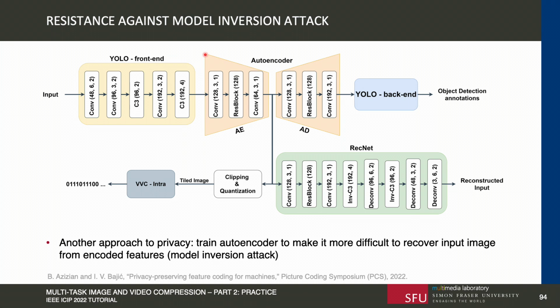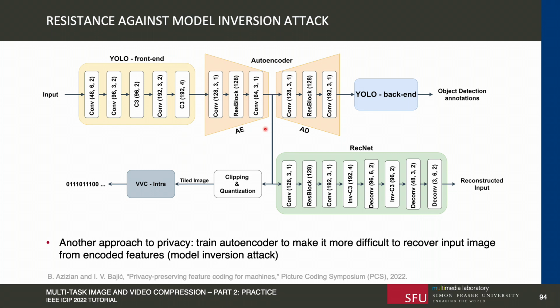An autoencoder is inserted at some point in this object detection pipeline, and it's being trained to maintain object detection accuracy while reducing the ability for the input reconstruction to be accomplished from these bottleneck features.